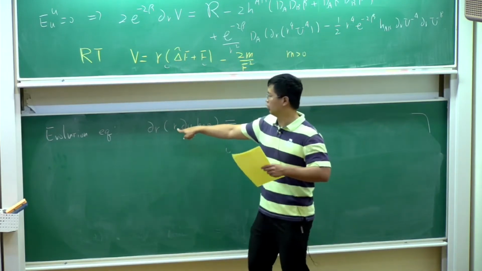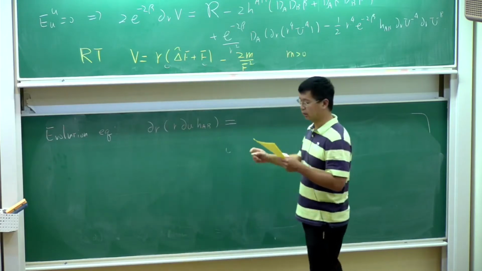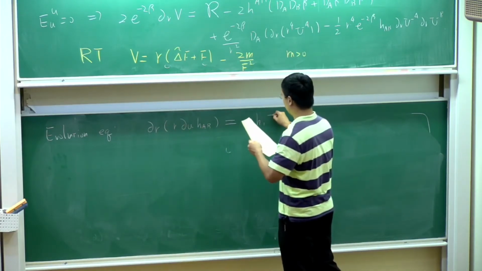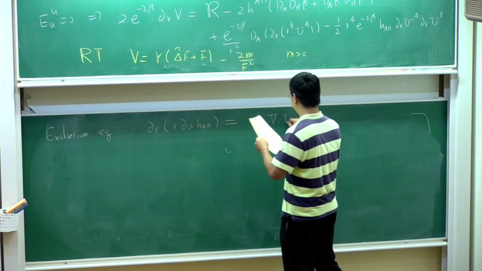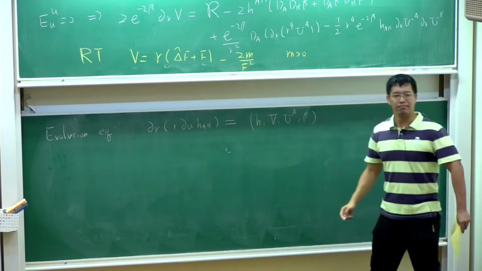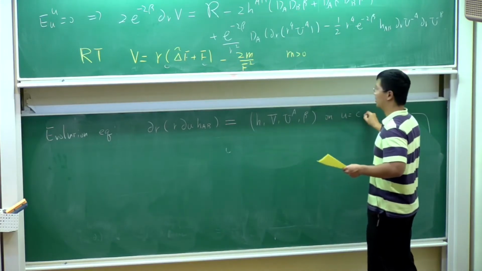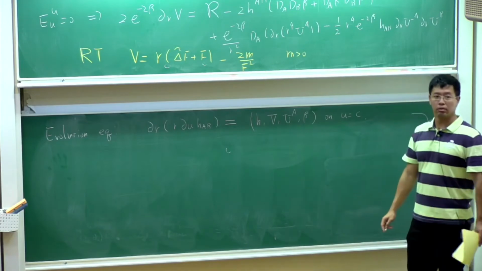One derivative in u times r, then take one more derivative in r, equals to, so this I will indeed not write this down, on the level set. Okay.